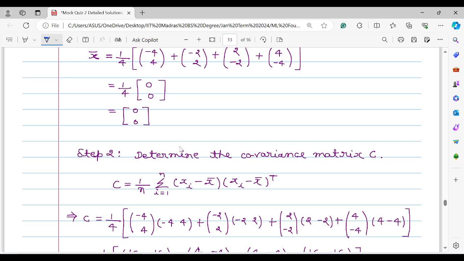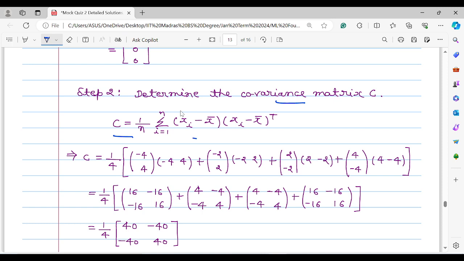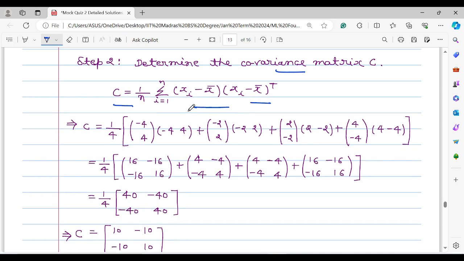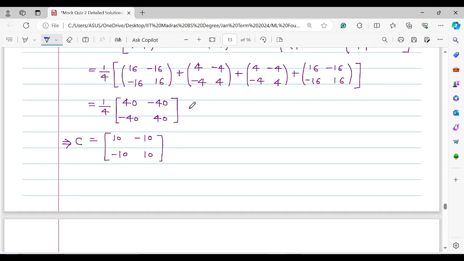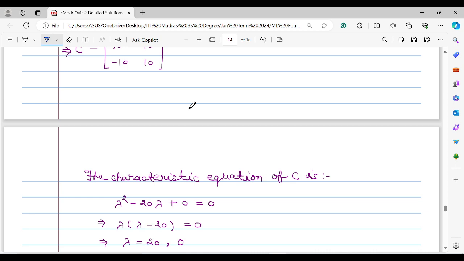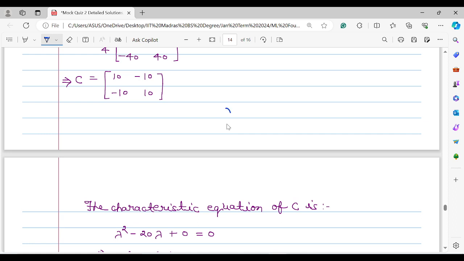Step 2 is to determine the covariance matrix. Simply find the covariance matrix by using this formula. You will get 10 minus 10, minus 10 10. The characteristic equation of C: simply use the formula I have told you, lambda square minus trace of C times lambda plus determinant of C equal to 0.